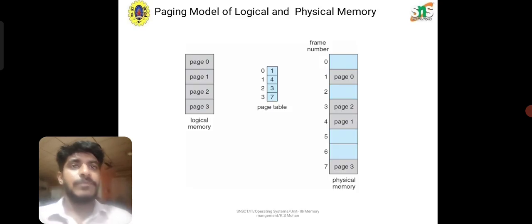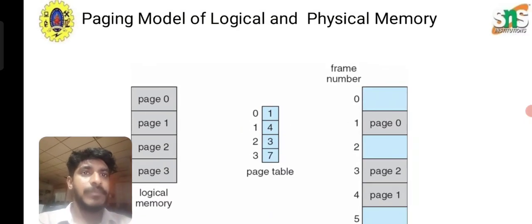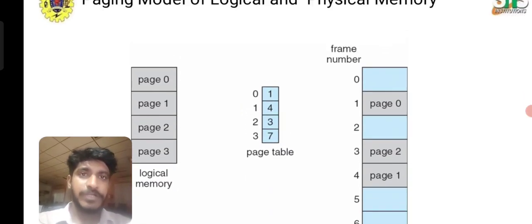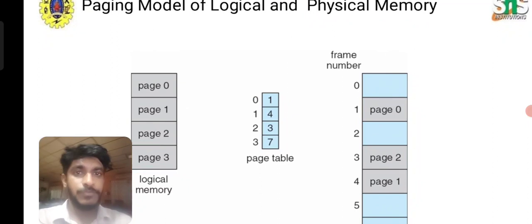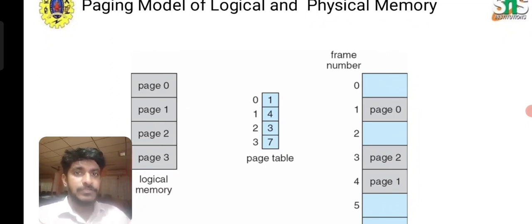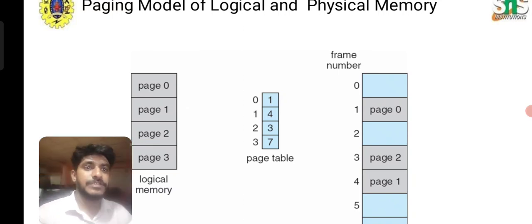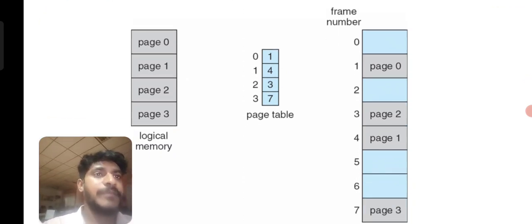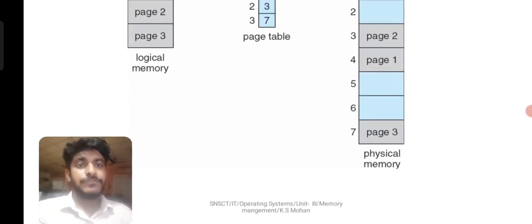Now the paging model of logical and physical memory: logical memory has pages numbered 0, 1, 2, 3, 4, and the page table holds frame numbers like 1, 4, 3, 7 and so on. So the page table maps each page, and we can see in this slide the frame numbers where page 0, page 1, page 2 and page 3 sit in physical memory.